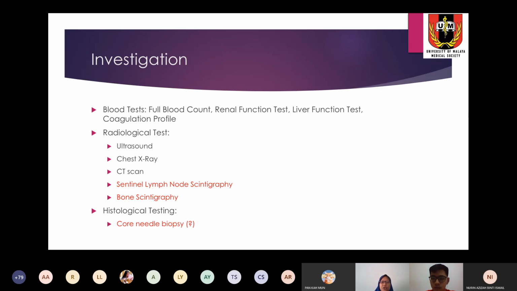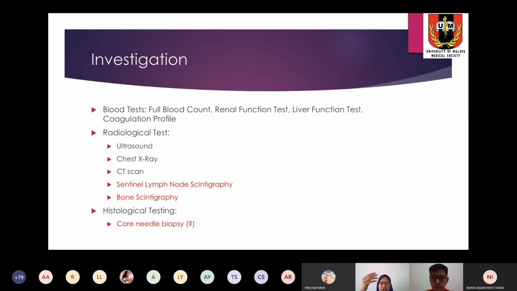When you do a sentinel lymph node, you do it during surgery. During surgery, you remove the breast lump, or you do a mastectomy together with the sentinel. So the sentinel lymph node is part of your surgical treatment. It's not part of the triplet assessment. Don't confuse that. Your triplet assessment is by ultrasound, you check mammogram, you check whether there is any lymph node or not.